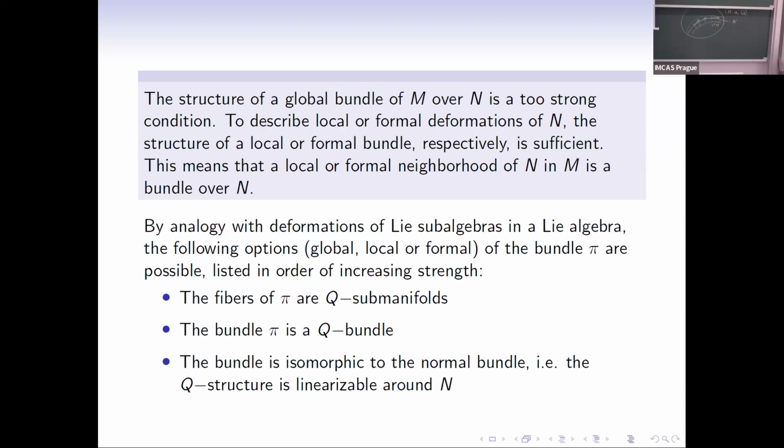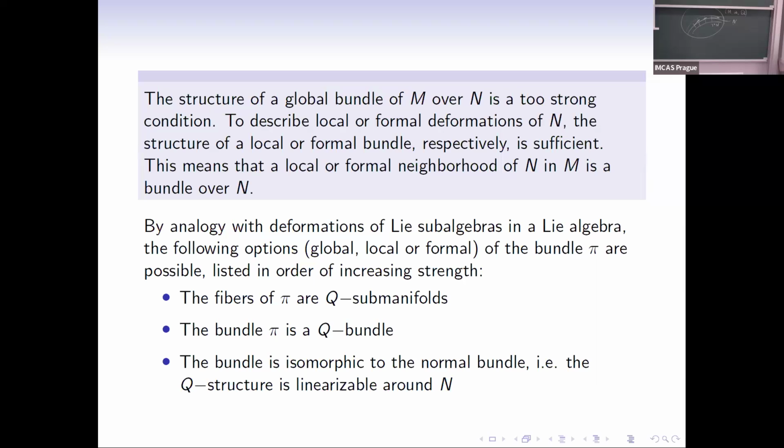And if the complement is an ideal, it will correspond to a Q bundle. If the complement is a subalgebra, it will correspond to a bundle structure such that the fibers are Q submanifolds. It's weaker. But still, one can construct the equations for the deformations of submanifolds.